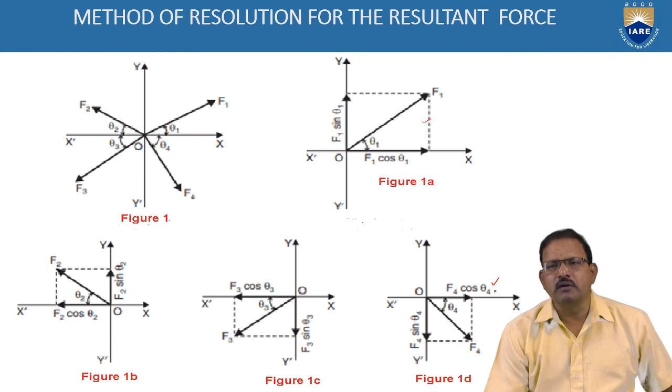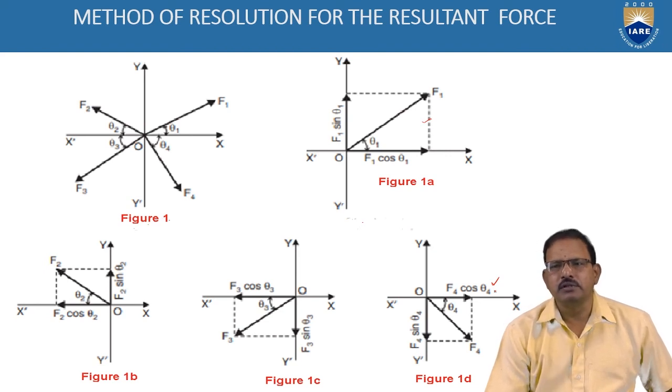Similarly, the sum of the vertical forces is given by F1 sin theta 1 positive plus F2 sin theta 2 minus F3 sin theta 3 and minus F4 sin theta 4. This sum represents the vertical component of the resultant force. Generally, it is represented as sigma V.